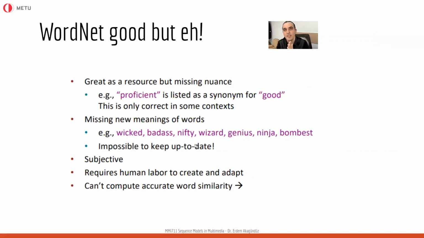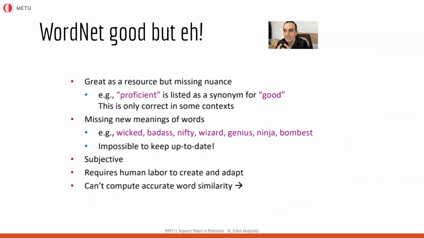However, when we are defining synonyms, we don't define a proper way of similarity. In Manning's course lectures at Stanford, there's a good example about proficient and good, because in WordNet, proficient and good are kind of synonyms. But you can say to a person, you're a good person, and what you mean is totally different than you're a proficient person.